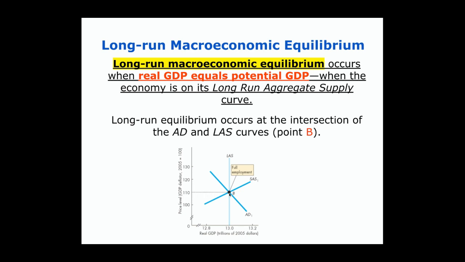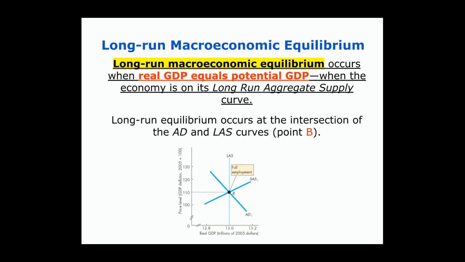So point B is the long run macroeconomic equilibrium, when there's a complete balance between the aggregate demand curve, the short run aggregate supply curve, and the long run aggregate supply curve. This means the short run macroeconomic equilibrium is occurring at potential GDP, when the economy is operating at full employment.